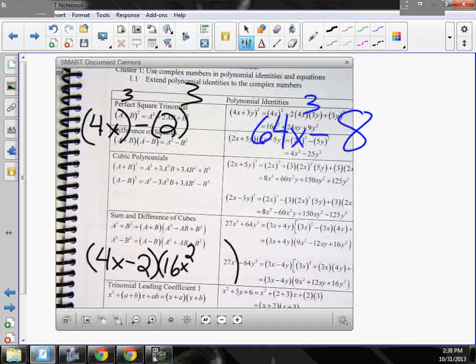Plus 4x times 2 is 8x. And follow the signs here. Figure out which one it is, and then follow, all these signs are correct. So it's plus 8x, and then 2 times 2 would be plus 4. Does that make sense?